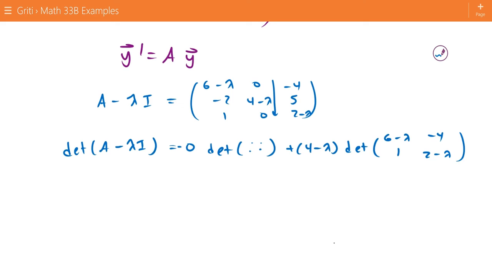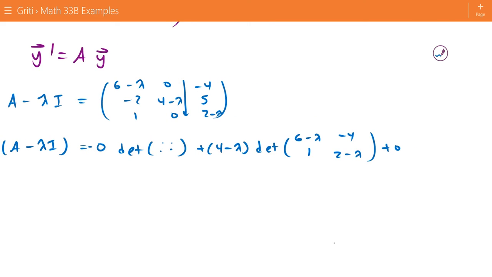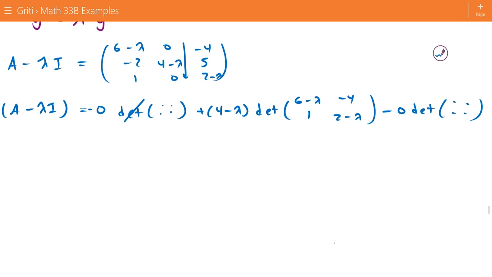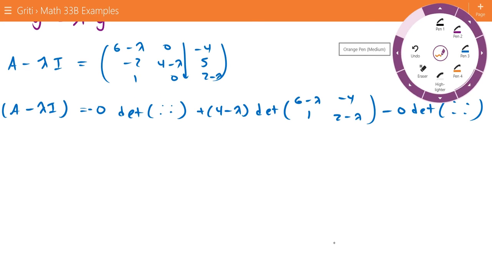And we also have another 0. This should be a minus 0 times the determinant of its associated submatrix, but it doesn't matter what that is because both of these go to 0.